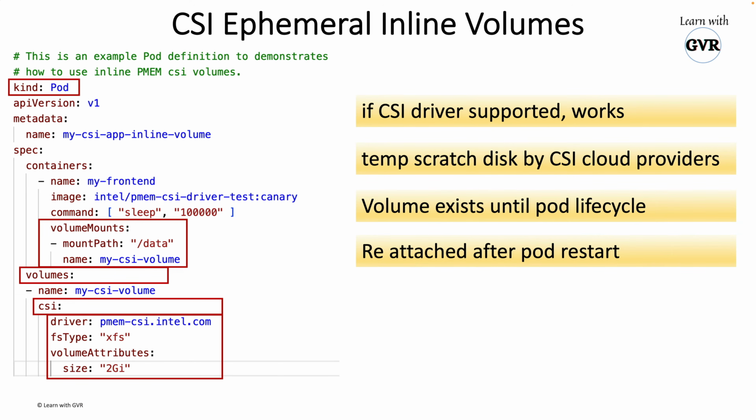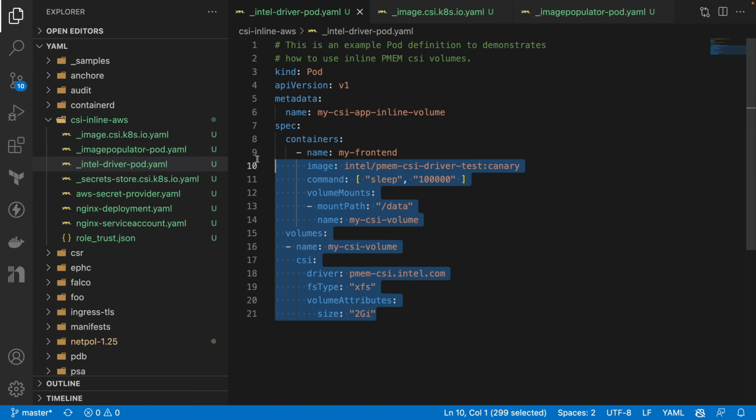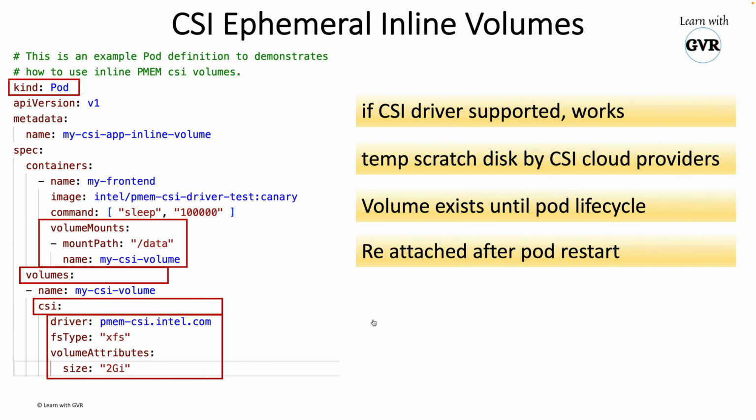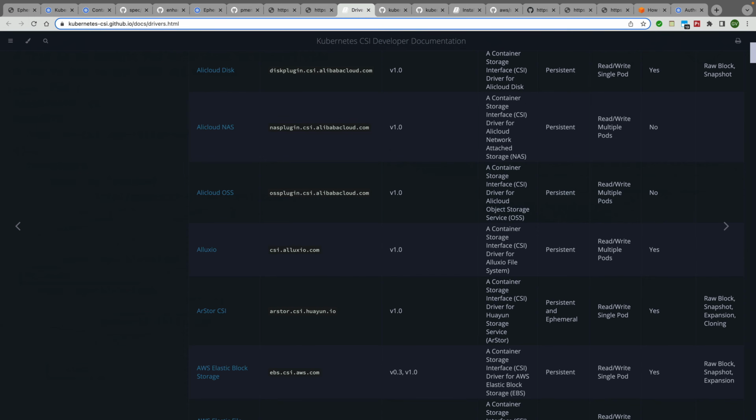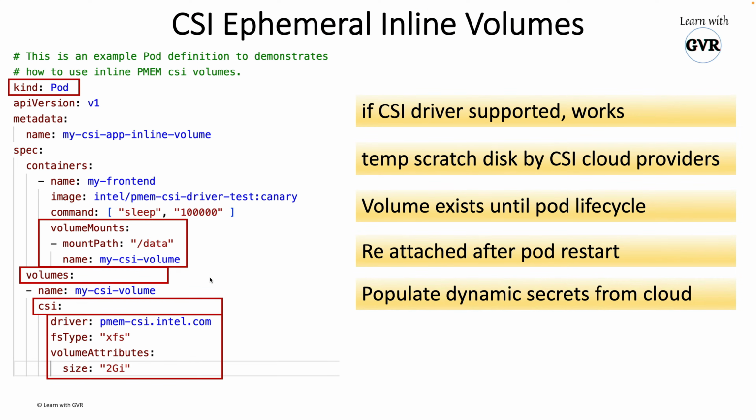I also have a specific sample YAML file. This is the Intel driver pod, which is simple. Let's go back to the slide. The benefit of using a volume as a CSI driver is that you can populate dynamic secrets from the cloud.